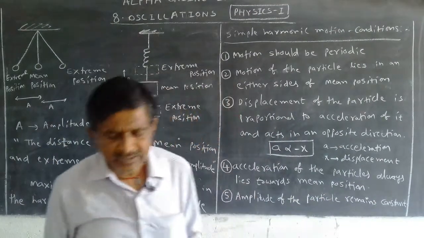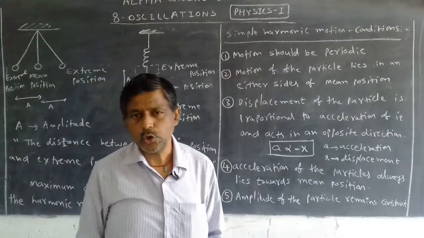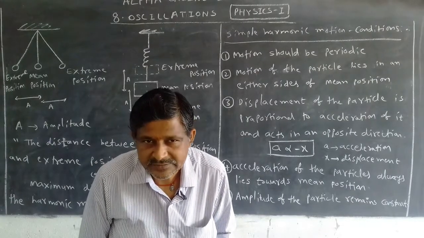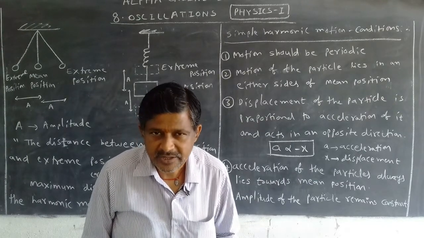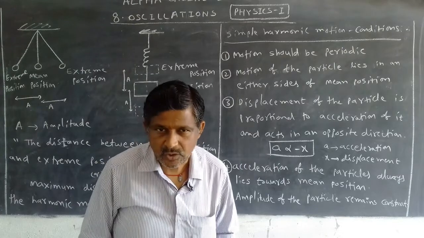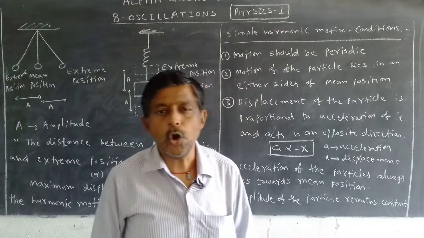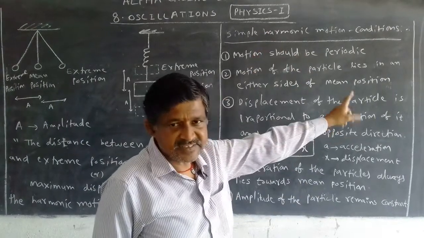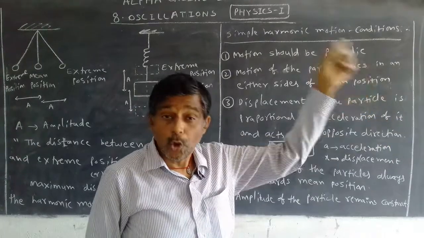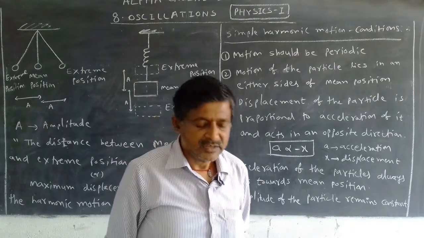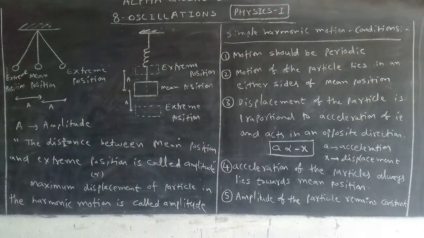Which object obeys these conditions, that motion is called simple harmonic motion. That object is called a simple oscillator. Okay, this is about the simple harmonic motion, and it is important for 2 marks question. Up to now, all the topics we have studied are important for 2 marks.